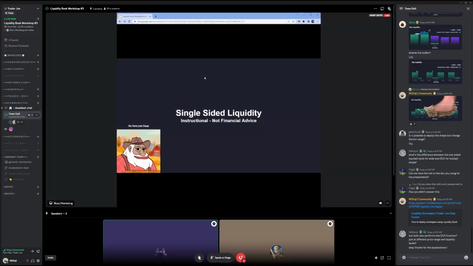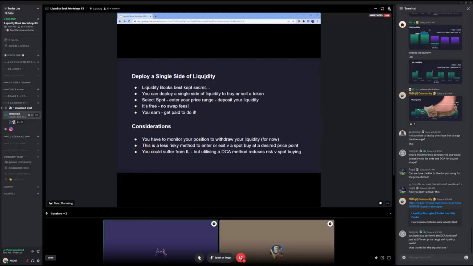Cool. I mean, we're kind of talking about it now, single-sided liquidity. I would say this is probably LiquidityBook's best kept secret. It is using this AMM to buy or sell a token. And the best part about it is you don't have to pay swap fees to swap tokens using LiquidityBook.